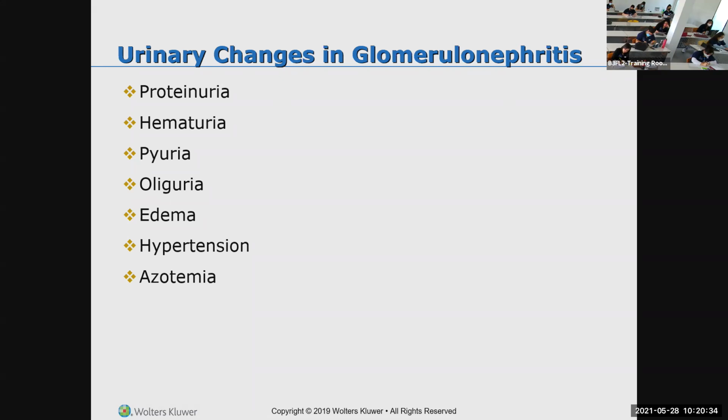Patient urine volume is below normal, we call oliguria. Patient may have collection of fluid in the body tissues, we call edema. Patient may have hypertension. And the last one is azotemia. So all these are important characteristic features of a patient with glomerulonephritis.